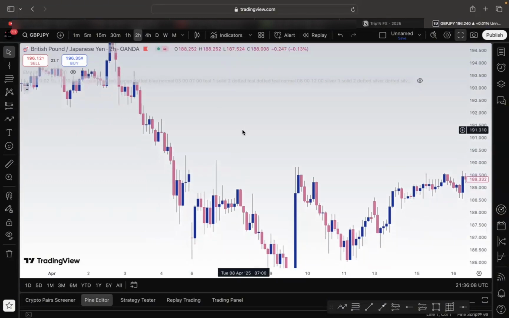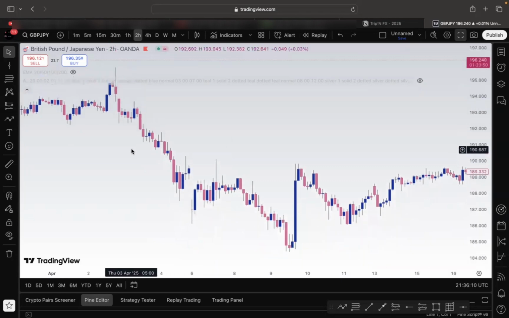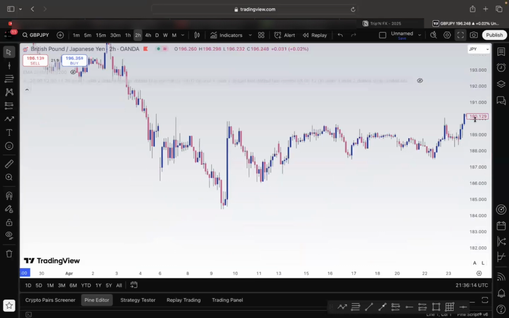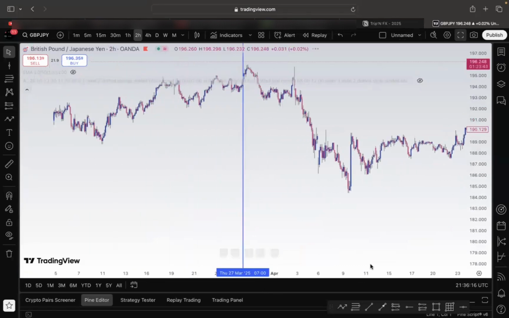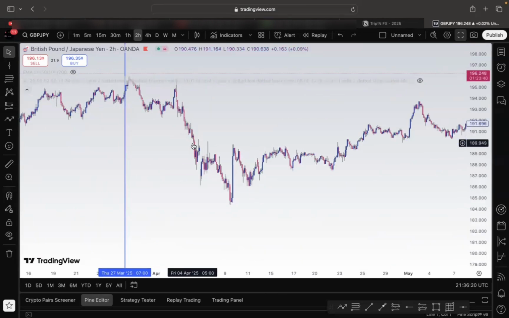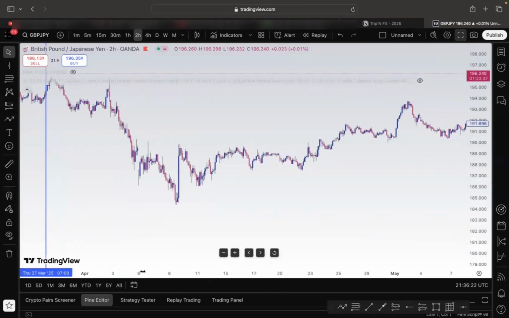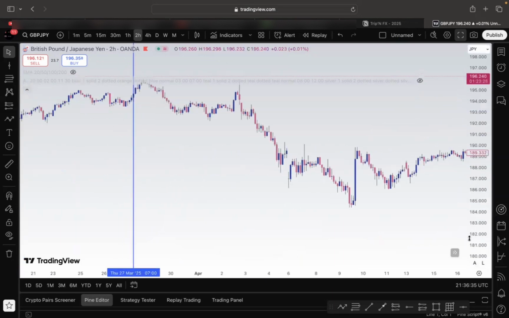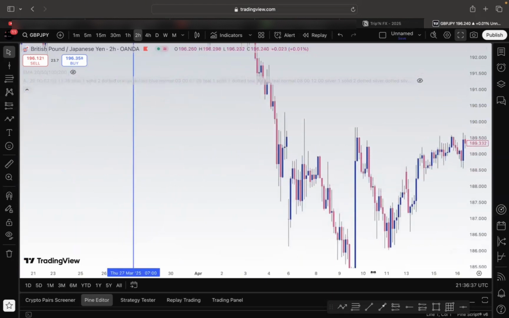Let's continue. So we are still in the downtrend. Where did the reversal happen? Okay, so the reversal is here. So we are still in the downtrend. After this pin bar, price still came down. You see something similar here. So this is a doji. Let me zoom in.